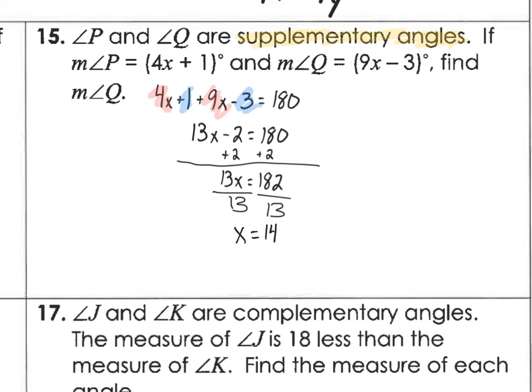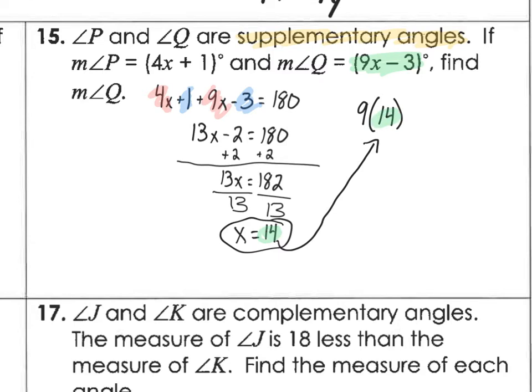So we have to plug the 14 into q. Those of you at home, we're taking this 14 and plugging it in to this equation. So we're plugging that 14 into that equation right there.